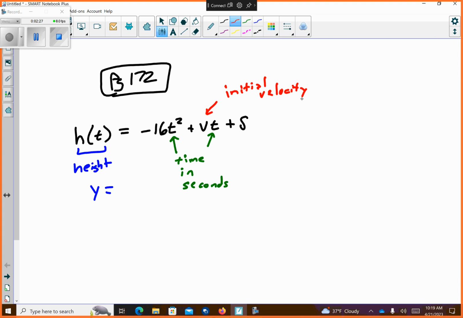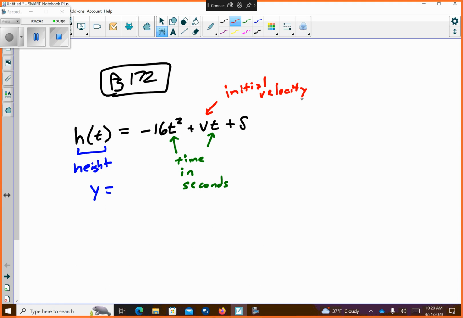Does that make sense? So if I threw a ball up and it's going to travel at 5 feet per second, that means it's going 5 feet each second.